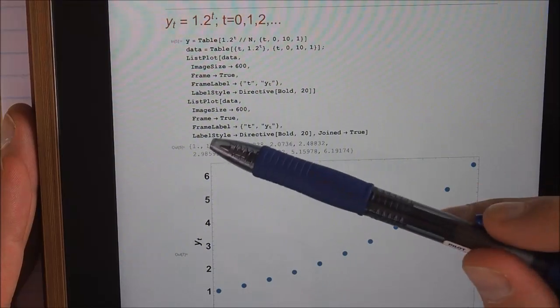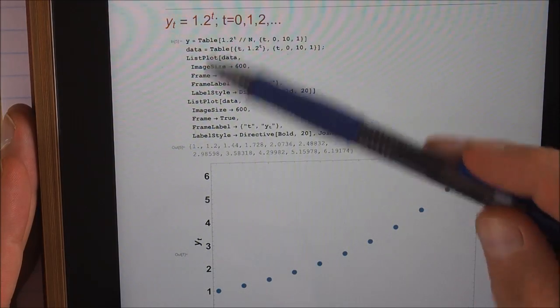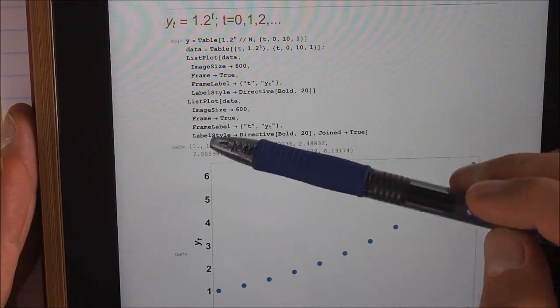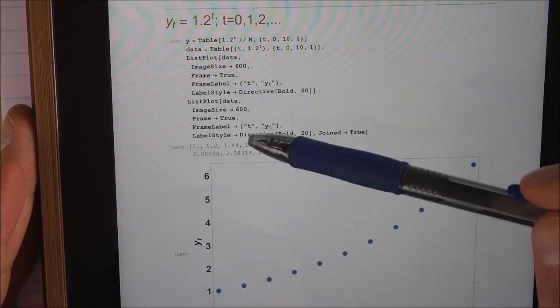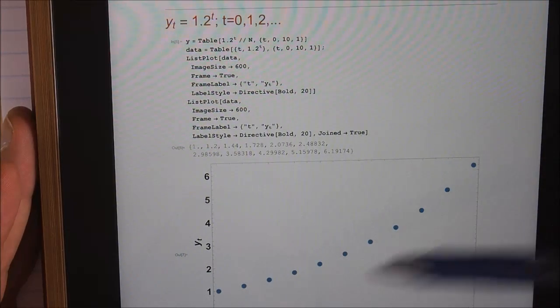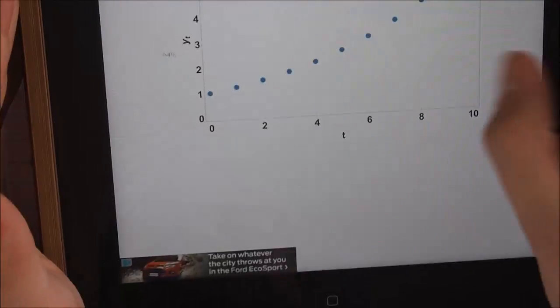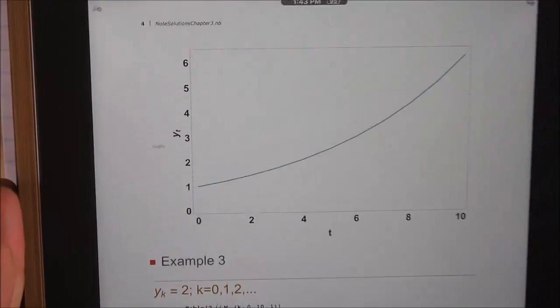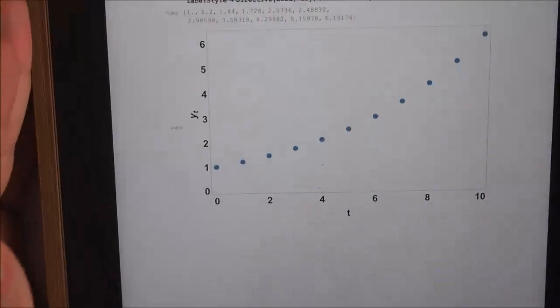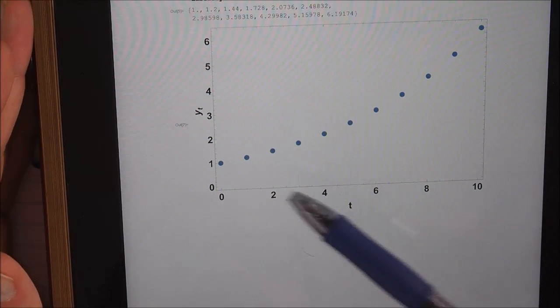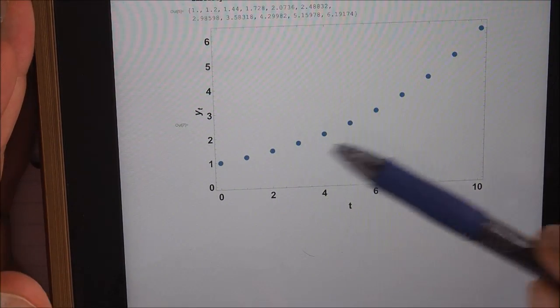Again, you can see here this is a series: 1 is the initial condition, so t equals 0 gives 1. 1 times 1.2 is 1.2. 1.2 times 1.2 gives 1.44, and so on, and this is going to grow. If I connect the dots, that's what it looks like. But the discrete function is only valid at these discrete points.